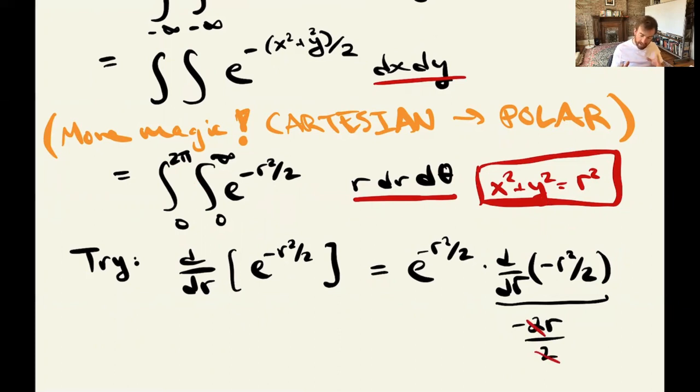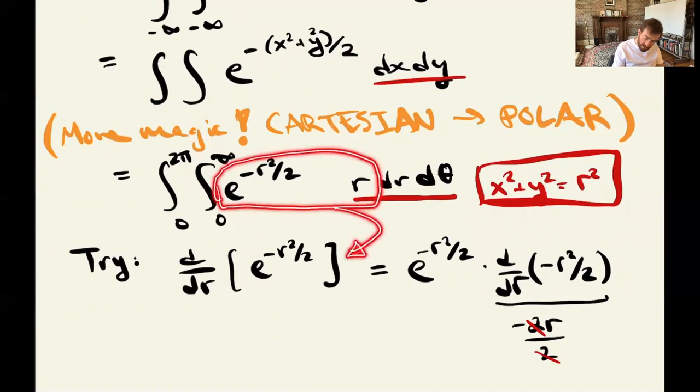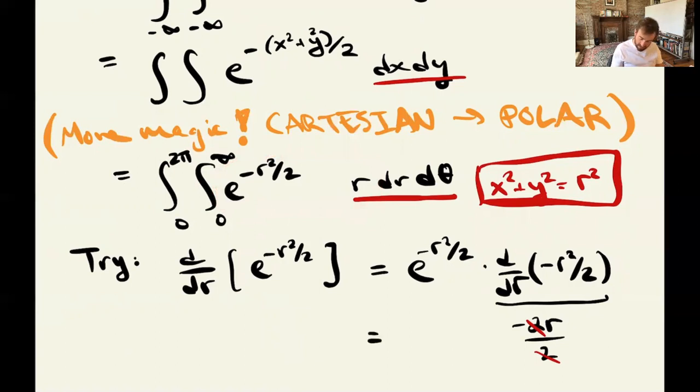So actually we can already recognize that this is equal to this, the derivative of this expression, up to a minus sign, right? So we just get that. Now we have this as minus r e to the minus r squared over 2.